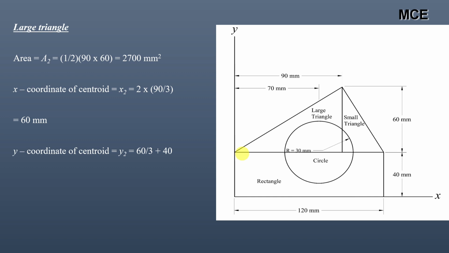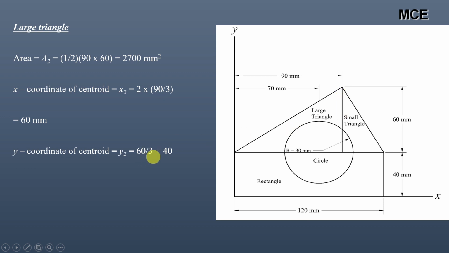And for the y coordinate of the centroid of this large triangle, it will be located at h by 3 from its base, because we are measuring in the direction perpendicular to the x-axis.